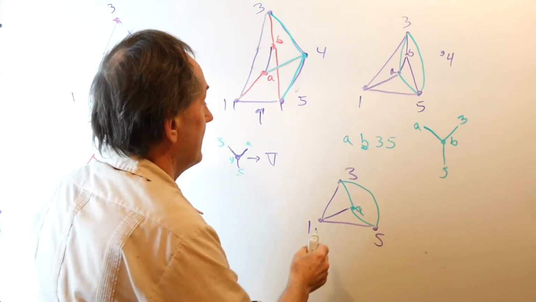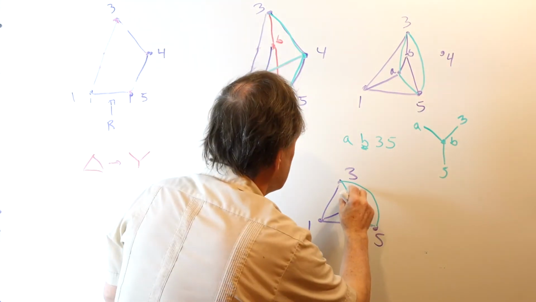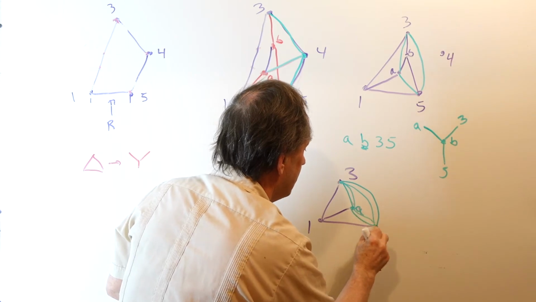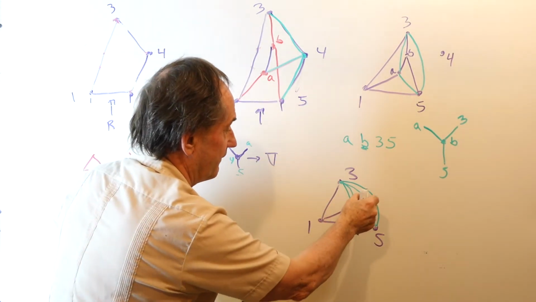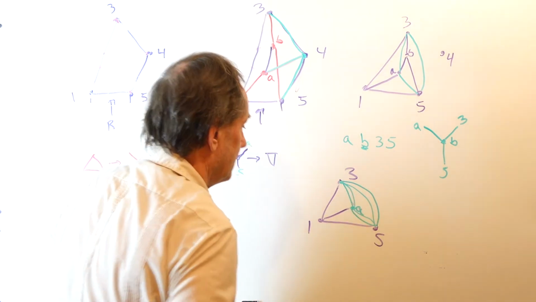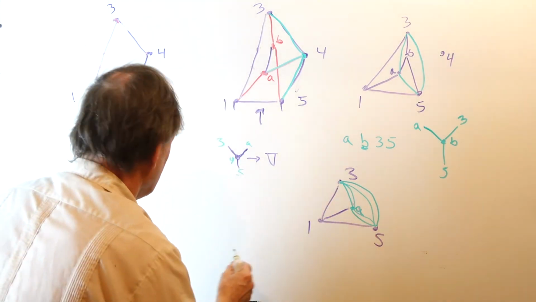That's our green. And now we're replacing these three elements with a delta. So we've got 3 to A, 3 to 5, and A to 5. So we see now we have parallel elements in here. And if you can imagine, we have a tetrahedron.